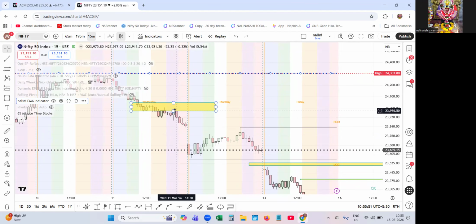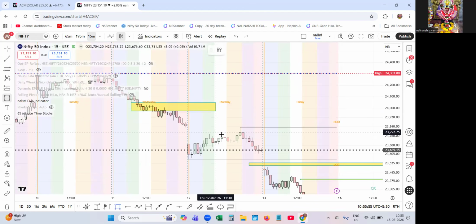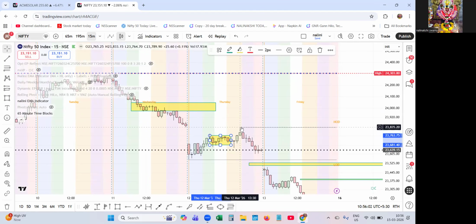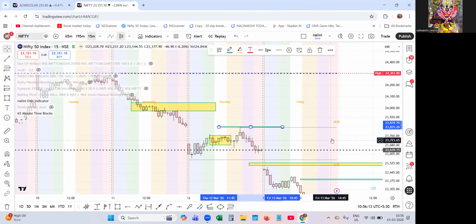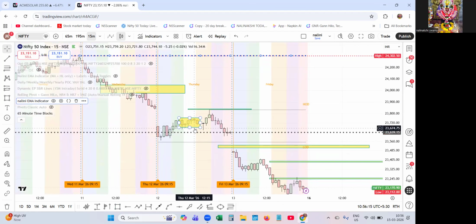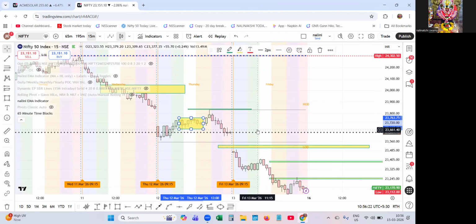BTST put option also. See, the next day, even though the market tried to move higher on the time cycle, that is 1:30, this is the boundary. So it is sell on rise. So when the price started, this is the reference for you people.